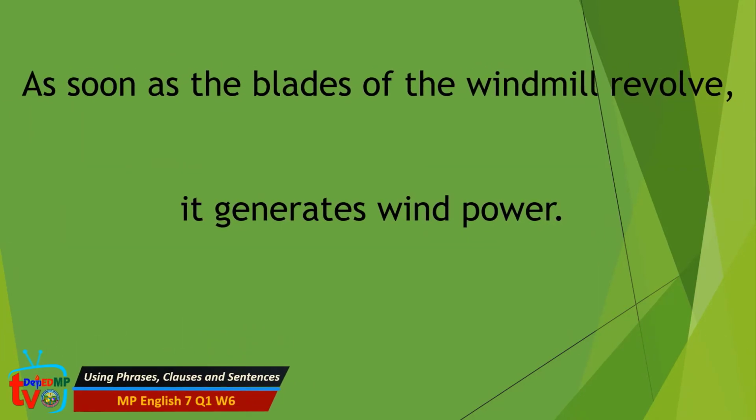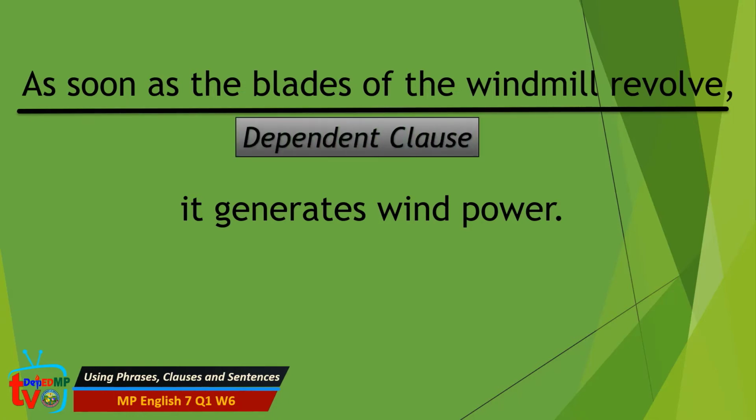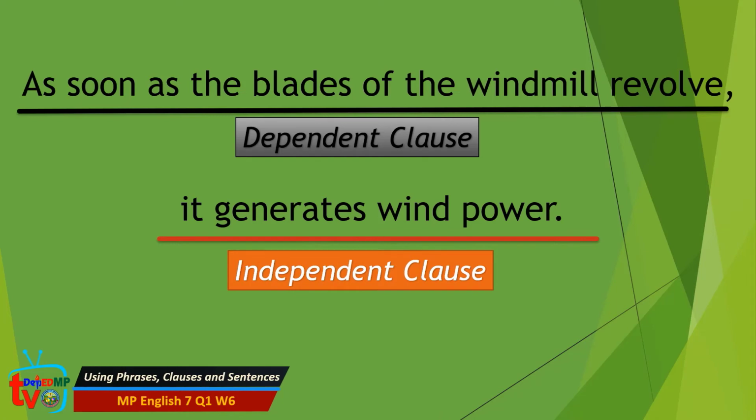Let's have another example. As soon as the blades of the windmill revolve, it generates wind power. "As soon as the blades of the windmill revolve" is an example of a dependent clause, while "it generates wind power" is an example of an independent clause. How were we able to identify our dependent clause?